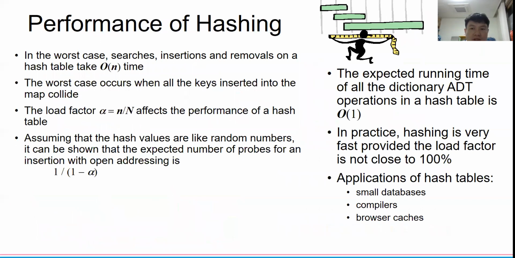So the performance here, what we want to say is, in the worst case, the insertion and removal will take O(n), and in the worst case when you insert a key, it will depend on the load factor alpha, which is small n divided by capital N. Assuming that the hash values are like random numbers, it can be shown that the expected number of probes for an insertion with open addressing is this number.